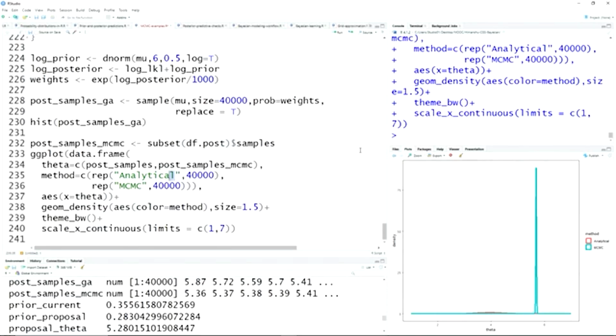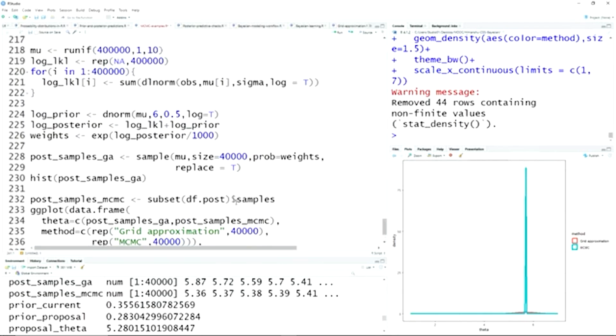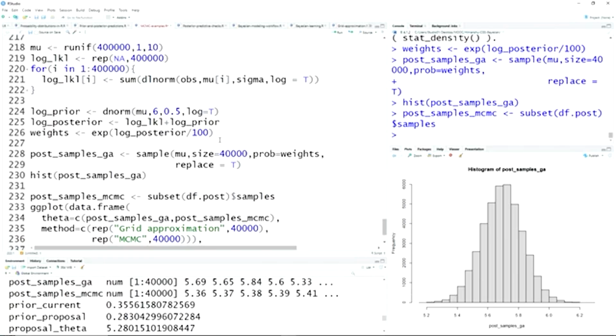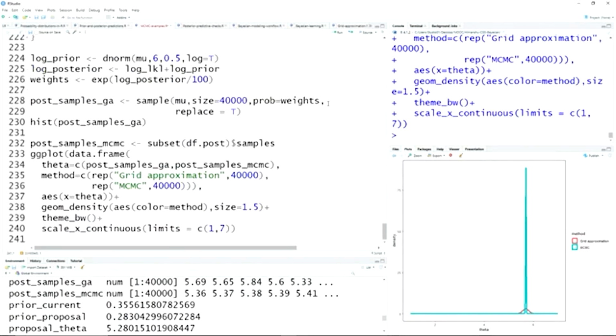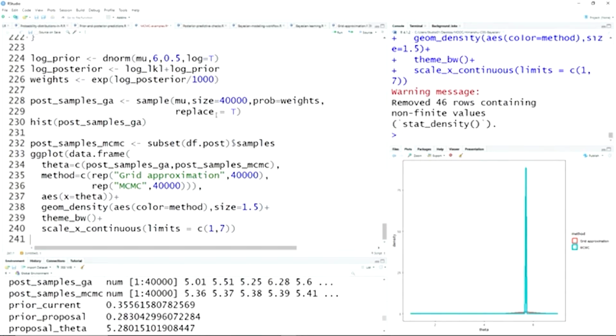Okay, so method is grid approximation. Yes, it seems to look quite different.